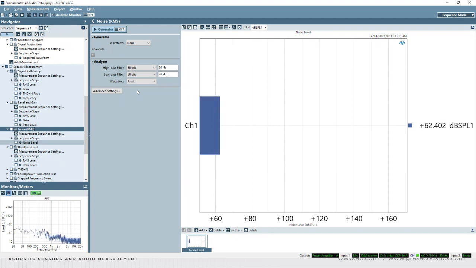An audio device that is linear and time invariant, by which I mean a device where the output has a linear relationship to the input and whose behavior doesn't vary over time, will have exactly the same measurements regardless of the stimulus signal that's used. It could be multi-tone, it could be sine wave, it could be speech or music.